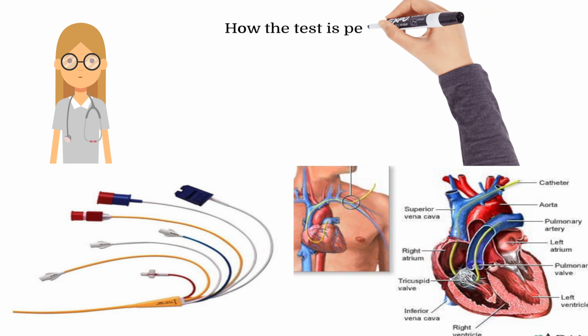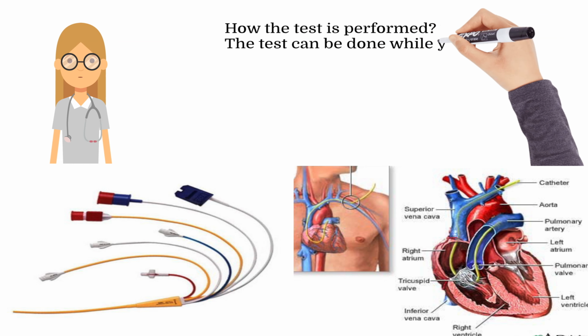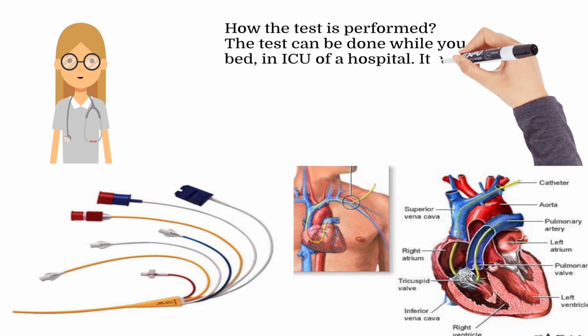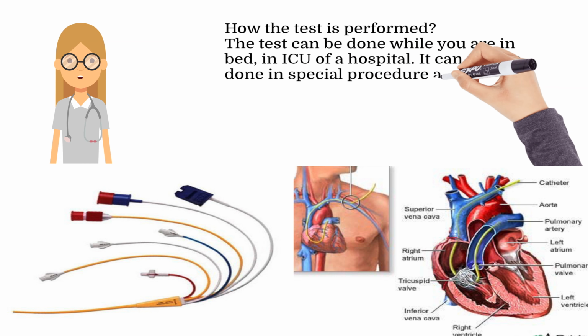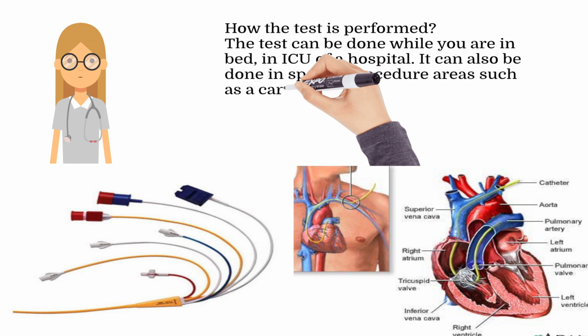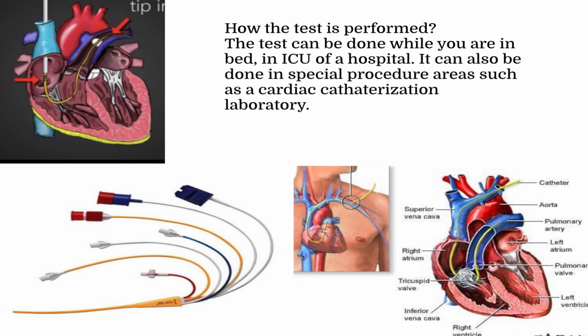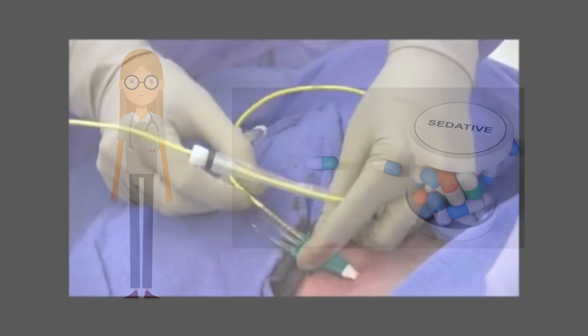How the test is performed. The test can be done while you are in bed in the ICU of a hospital. It can also be done in special procedure areas such as the cardiac catheterization laboratory. Before the test starts, you may get a sedative to help you relax.